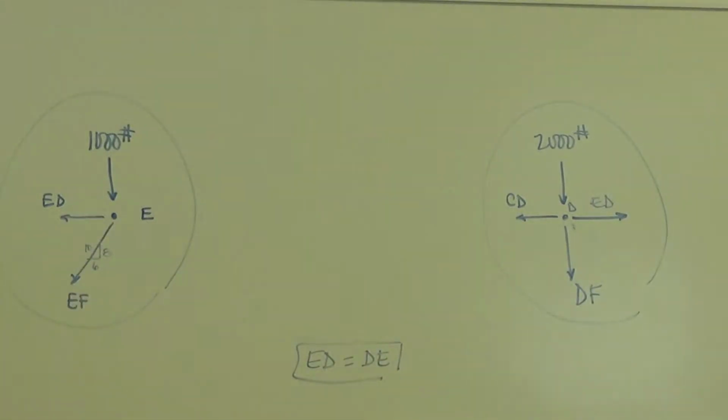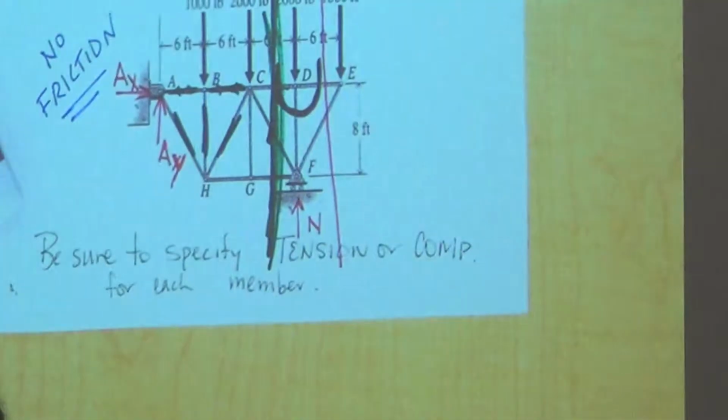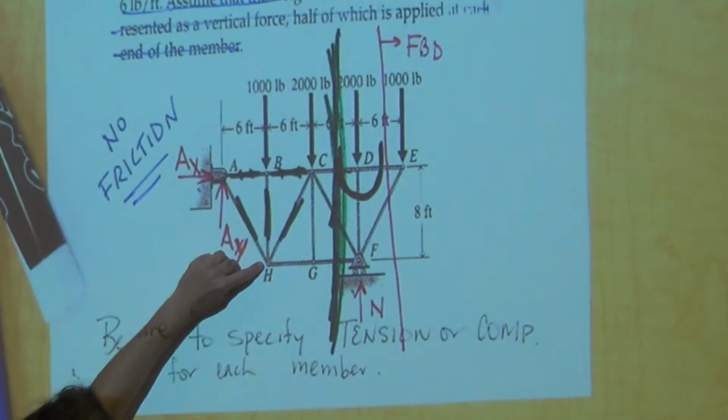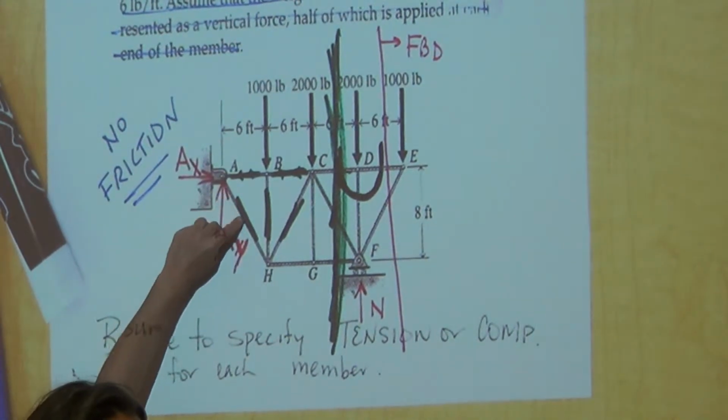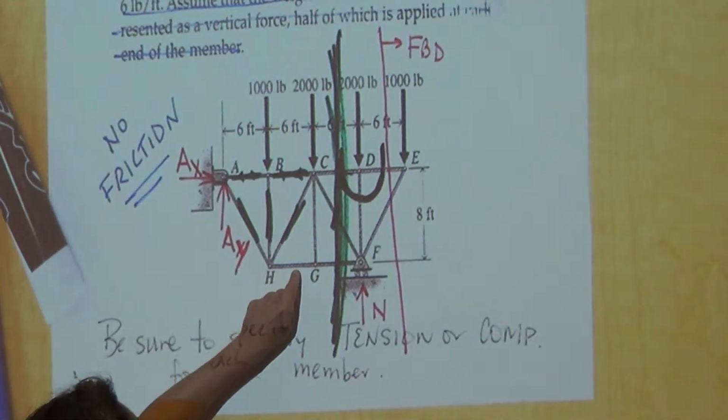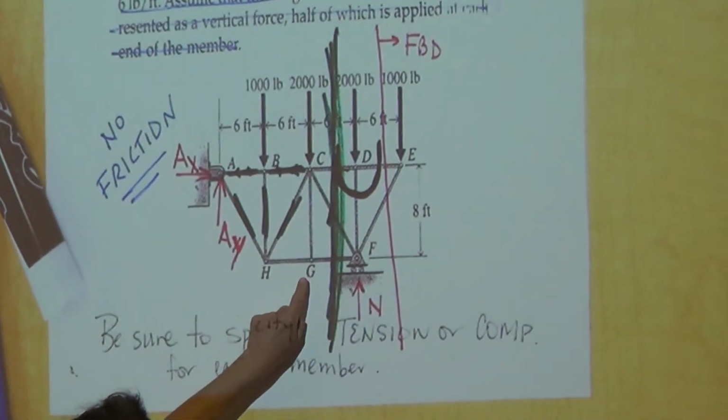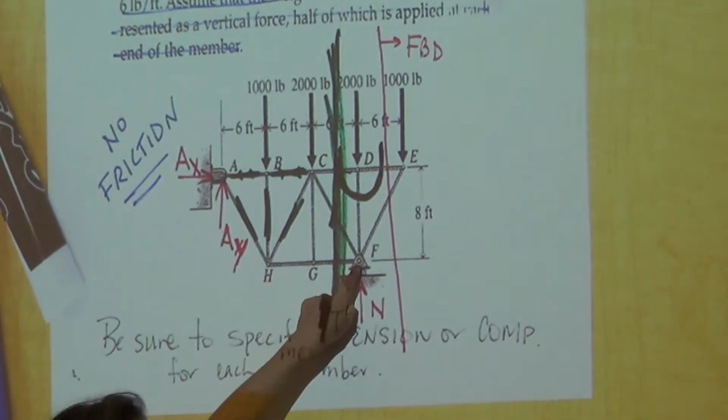So, what we're doing right now, where we're drawing a free body diagram, these are called joints. For vocabulary, what is this beam called? A member. These things are called members of a truss. What are these called? Joints.